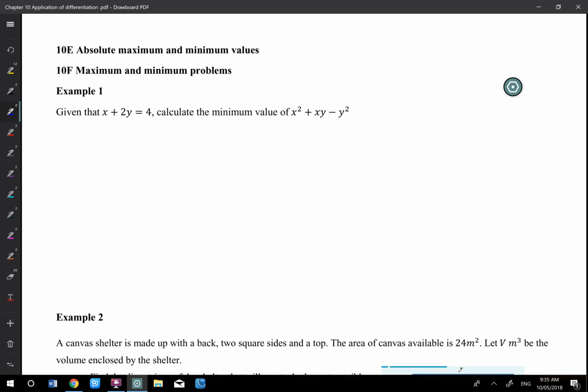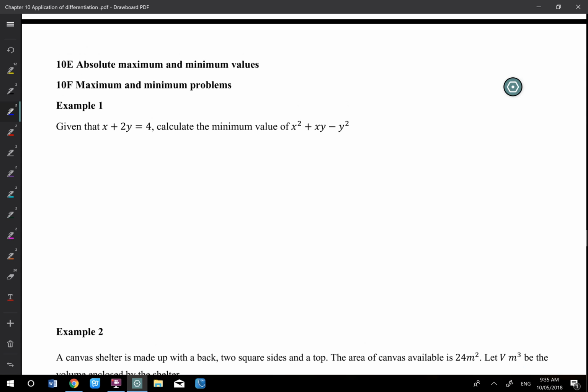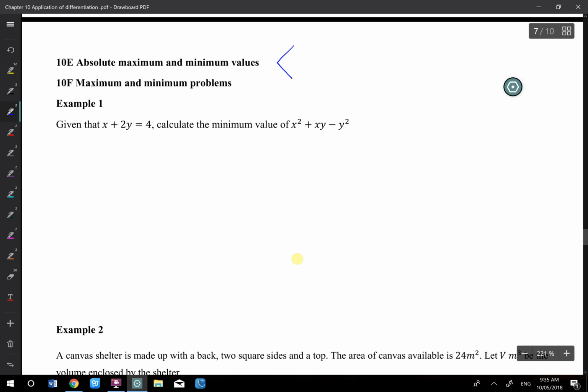Where will it exist? Among which points will the absolute maximum and minimum exist? Do we remember that? Anyone? I'll give you a hint. Well, it's either in stationary points or where? Stationary points is turning points.